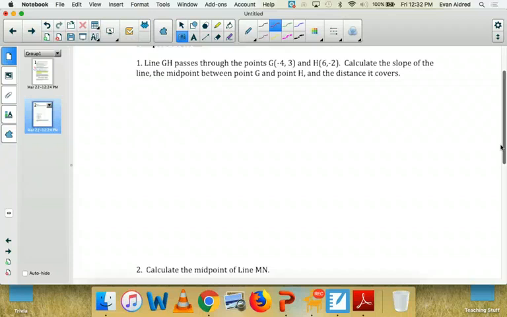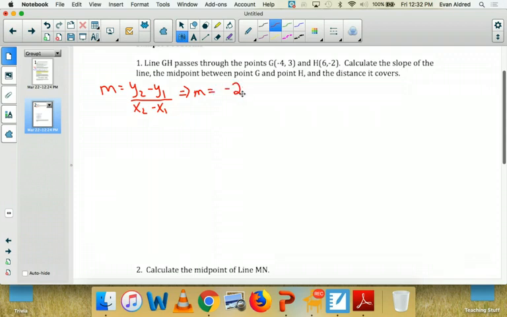We have done slope many, many times. So we all know that the formula for slope is y2 minus y1 over x2 minus x1. Again, it doesn't matter which you make x1, y1 or which you make x2, y2. I typically work from the right with my y2s and x2, so that's what I'll do.